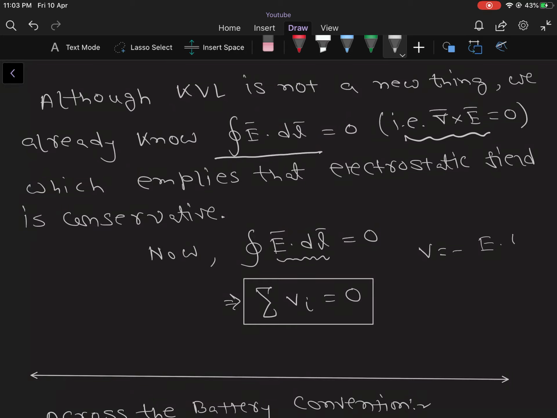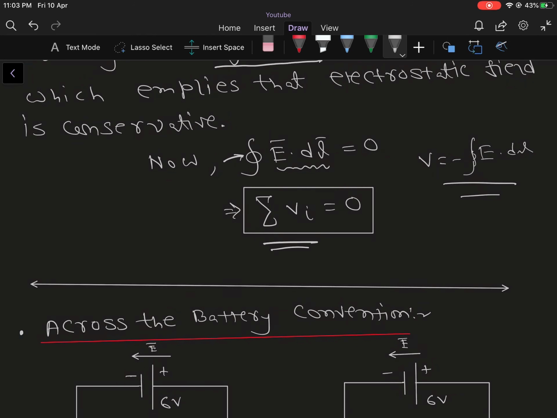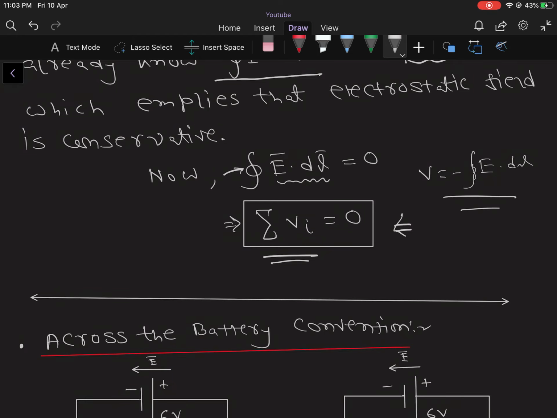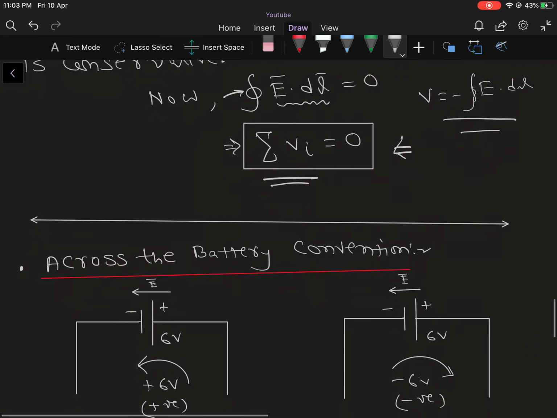Now we know V is the integration of E dot dl, which is the potential. Now this integral is a closed loop integral. Instead of an integral, we are representing it by a sum, because our voltages are discrete, not continuous. So Kirchhoff law is actually a manifestation, another form, of the conservation of the electrostatic field.